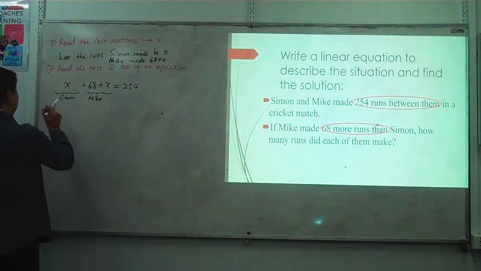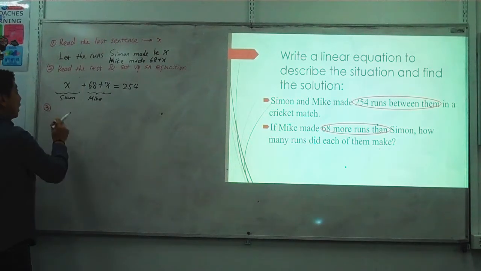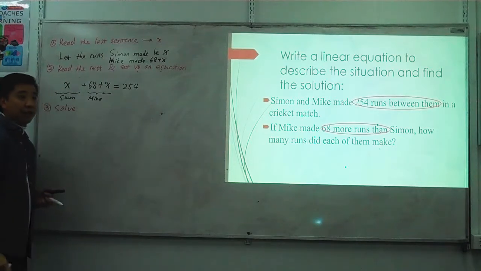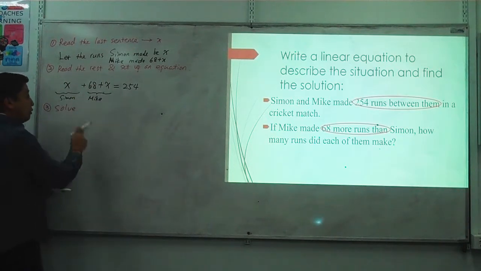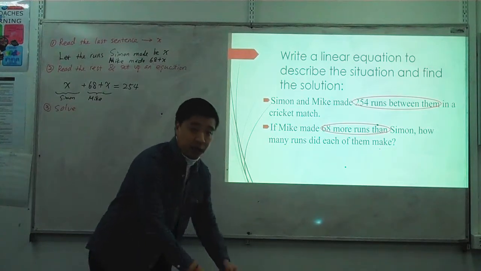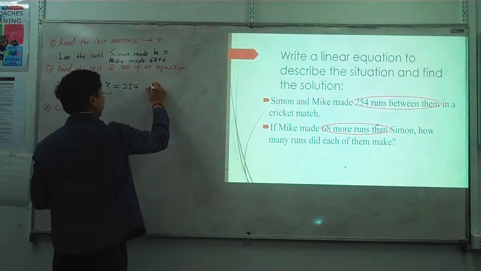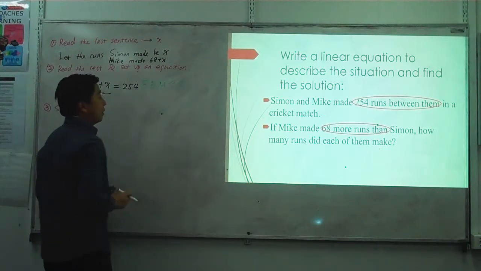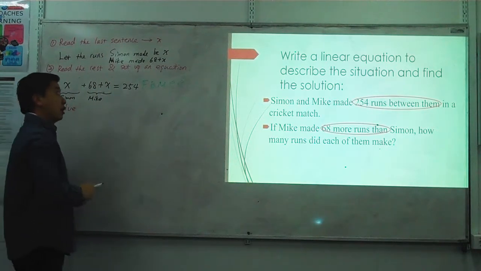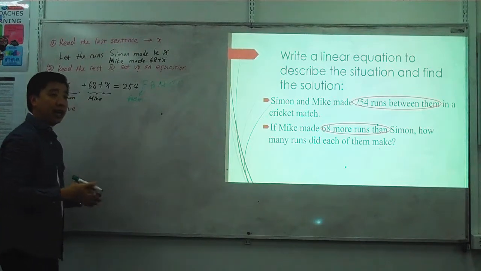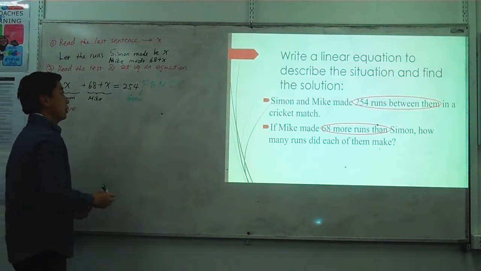Now, the next step after we set up the equation is solve. We need to solve this equation. When we solve equations, we still want everyone to remember the B and C we have learned before, or we have F in the front, fraction. So I say that again. F means fraction. You have to solve any terms with fractions.